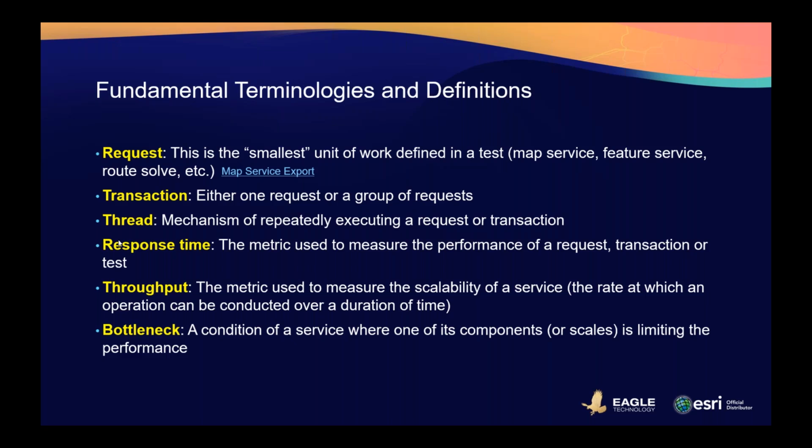Response time: this is how long the actual server will take to respond to that request coming through. The throughput: this is the amount of information that will be passed through the system, and it is represented by requests per second. And a bottleneck: this will be something that could be causing poor performance for your response times.